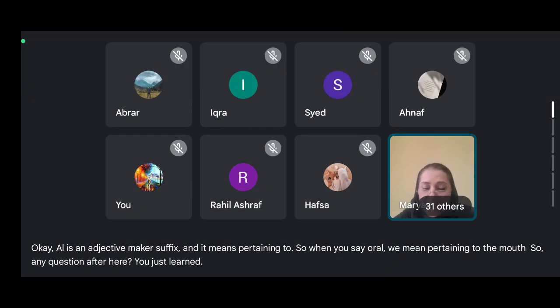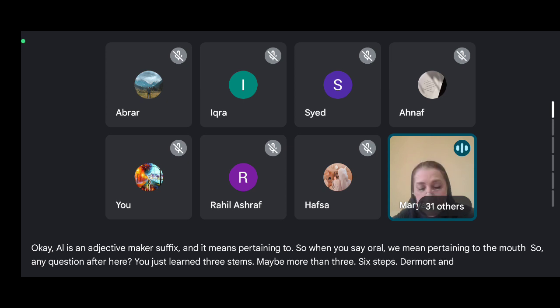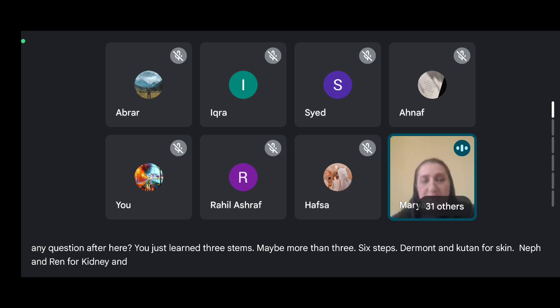You just learned 3 stems, maybe more than 3, 6 stems. Dermat and cutan for skin, nephr and ren for kidney, and stomat and or for mouth.